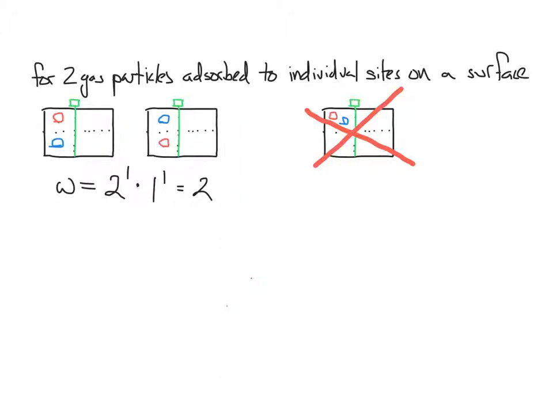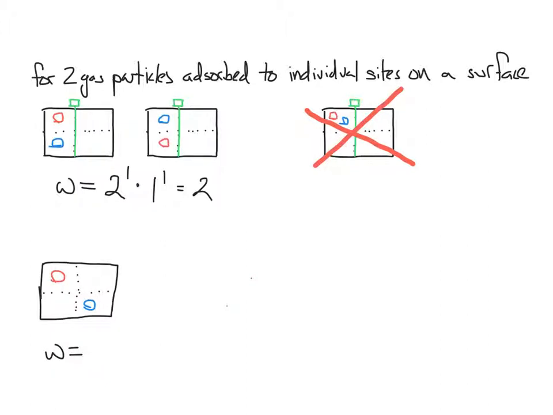Let's redo the calculation for the two gas particles adsorbed to individual sites on the surface, and let's remove the barrier between them. Here is one possible permutation of this system, where the red particle is in the top left corner and the blue particle is in the bottom right corner. Let's calculate W. Again, we should think about populating the surface in a stepwise process.